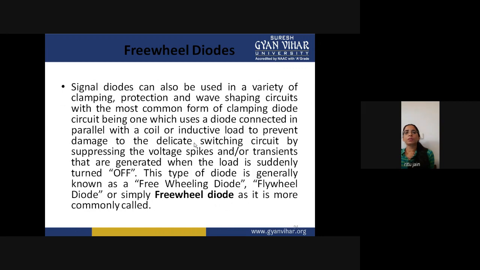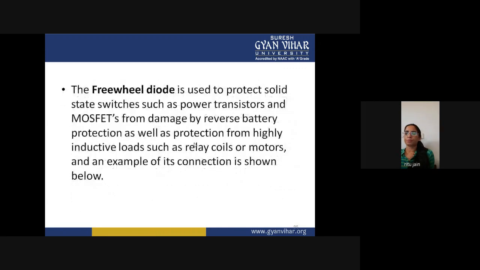So let's discuss the concept of the freewheeling diode. It suppresses the voltage spikes and transients that are generated when the load is suddenly turned off. This type of diode is generally known as a freewheeling diode, a flywheel diode, or simply a freewheel diode, as it is more commonly called.